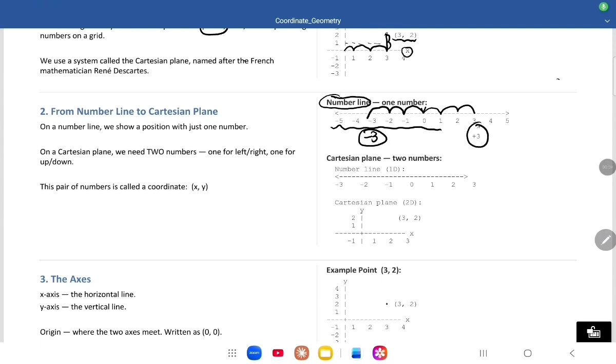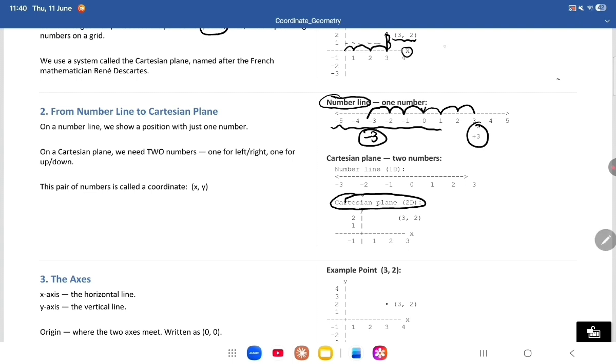The number line is one-dimensional, and the Cartesian plane is two-dimensional. On the number line, you can move to the left or right, only 2 choices. But on a Cartesian plane, you can move across and up and down as well.